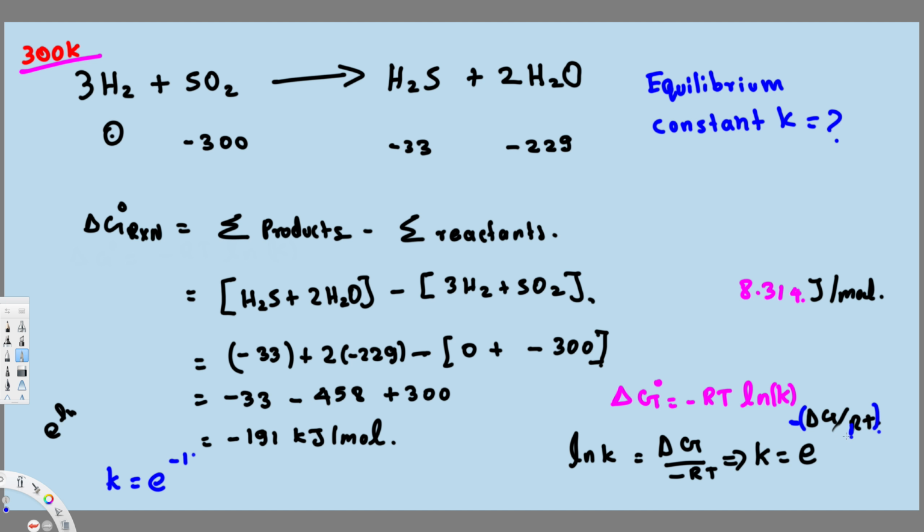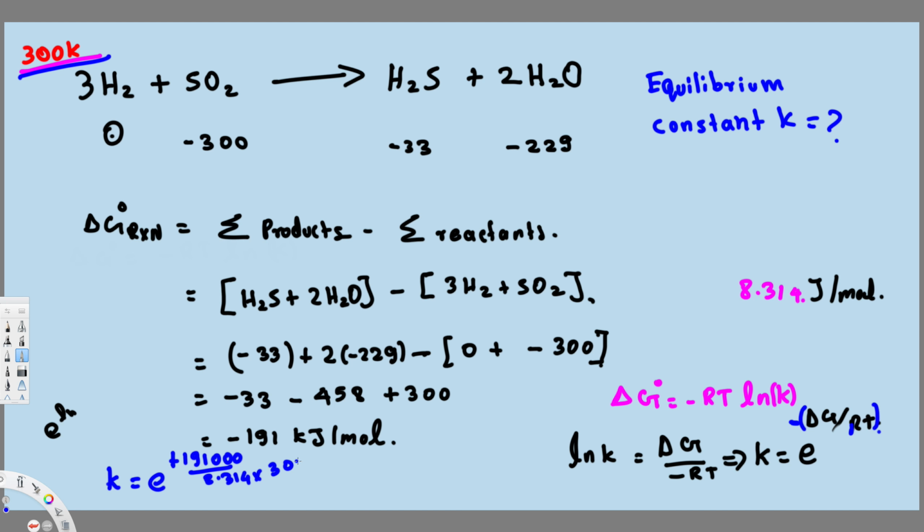If you plug in this value for delta G, negative times negative is going to be positive. So here we are going to have positive 191,000 over R, that is 8.314, times the temperature, that is 300 Kelvin.